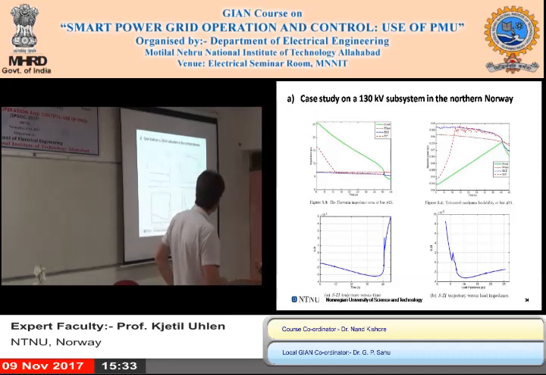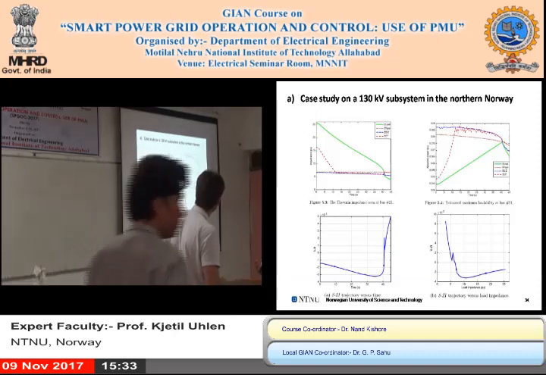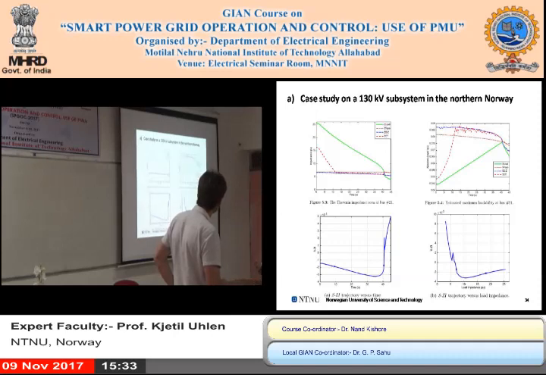And we can also see here the estimated maximum power transfer. You see here in the beginning they estimate a little bit too high margin, but as the load approaches the maximum, the estimate also approaches the right point, and they cross at the same time here.